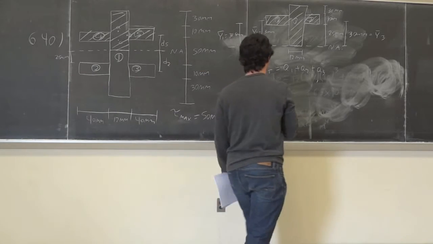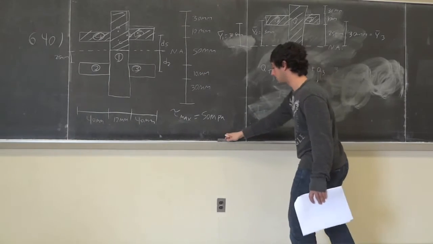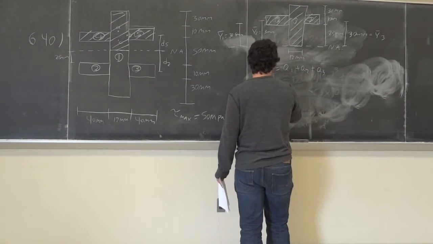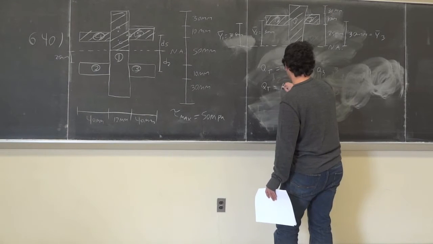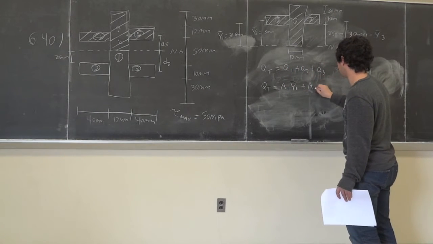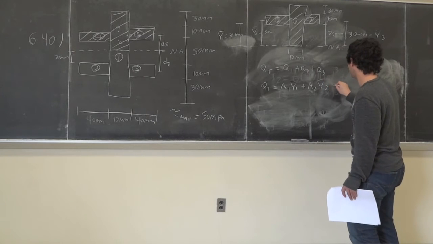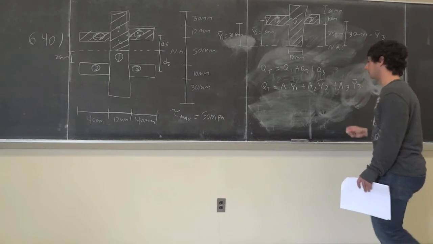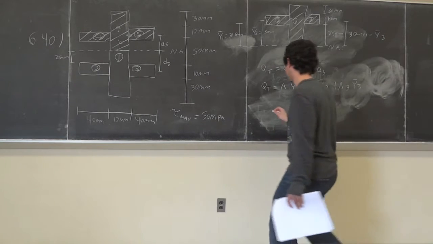All right, so we got everything. Now we can find Q1, Q2, and Q3. We know Q1 is A1 y bar 1. So Q total is equal to A1 y bar 1 plus A2 y bar 2 plus A3 y bar 3. And so we could just fill this in.